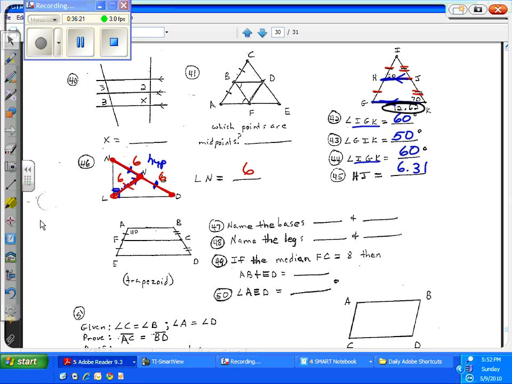Number 47 through 50, now we have a trapezoid. A trapezoid is not a parallelogram. A parallelogram is not a trapezoid. A parallelogram has both pairs of opposite sides parallel. A trapezoid has exactly one pair of opposite sides parallel. The opposite sides that are parallel are called the bases.